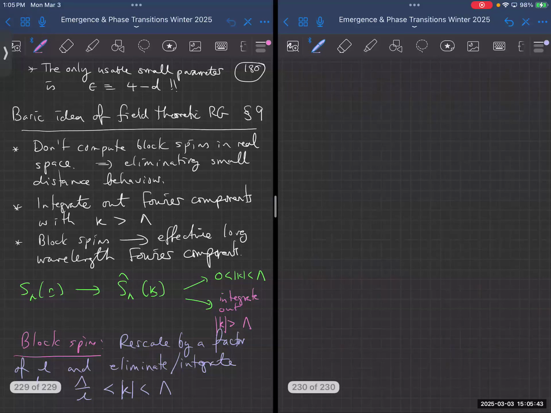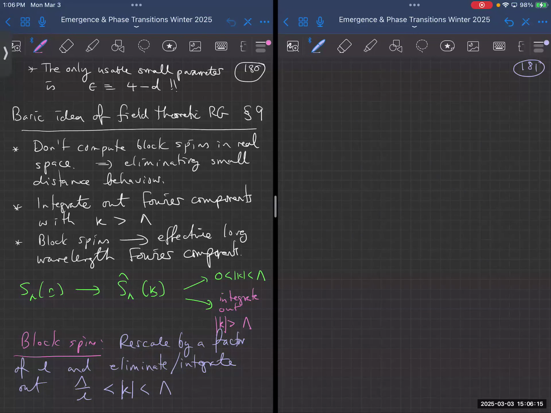This is sort of, if you like, following the Kondo strategy. So the Kondo strategy is to take anything that doesn't spark joy and throw it out. Okay, so the Fourier components that are at high wave numbers, we don't want those, so we throw those out, and so we get a new kind of renormalization group.